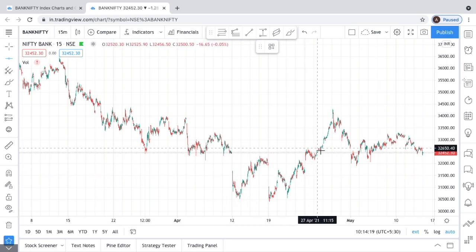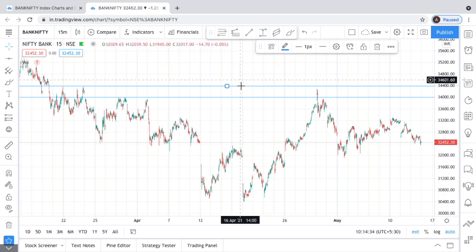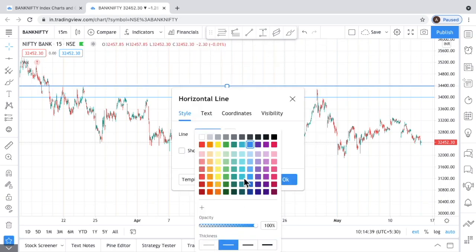When we were going up, we went long here and captured this move. I wanted to find certain levels on the upside, so I had these levels marked. Let me just make this thicker.